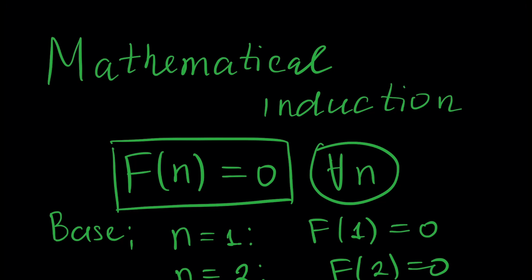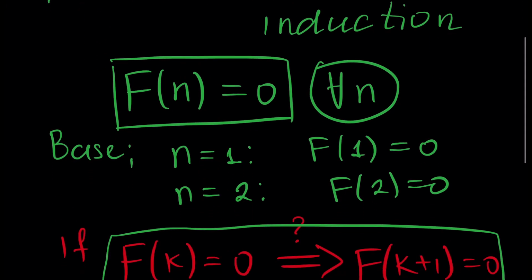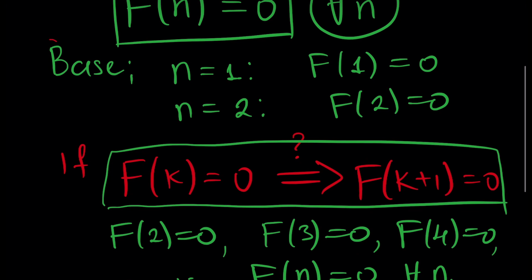Once again, to prove that some statement, for example, f of n is equal to 0 is correct for any n, first of all, we check the base of mathematical induction and check that f of 1 is correct, f of 2 is correct.